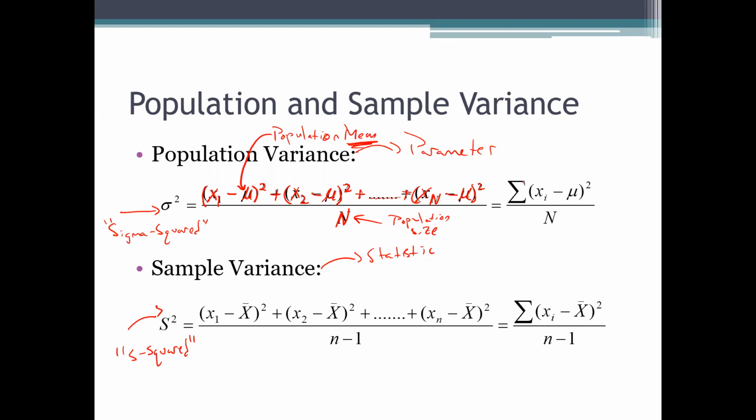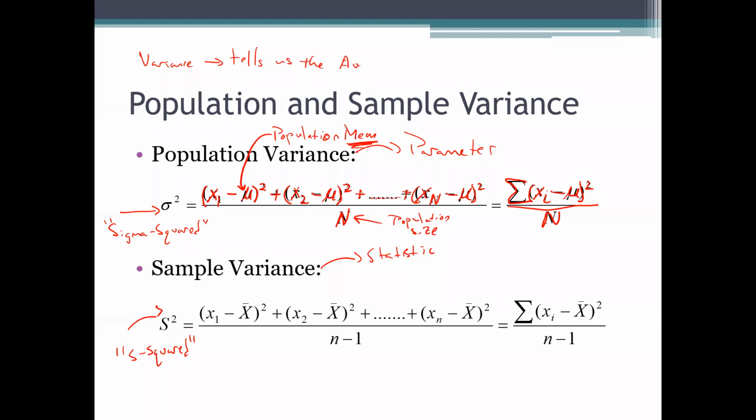In shorthand notation, it's the sum of each value of your data set minus the mean, which gives the deviation from the mean, squared, divided by N. So what the variance is telling us is the average deviation squared from the mean.